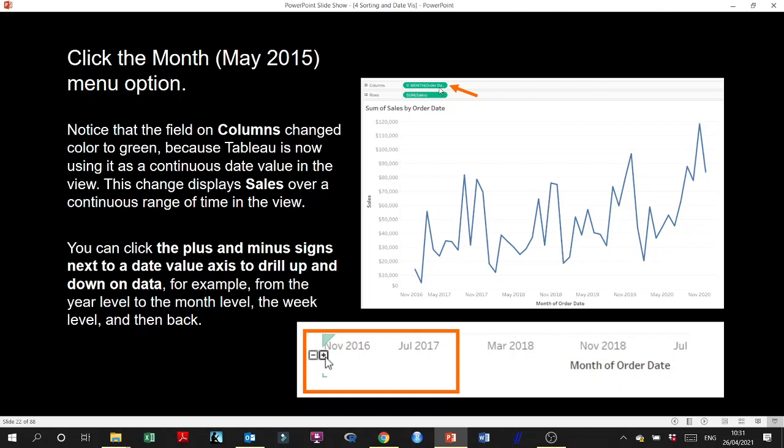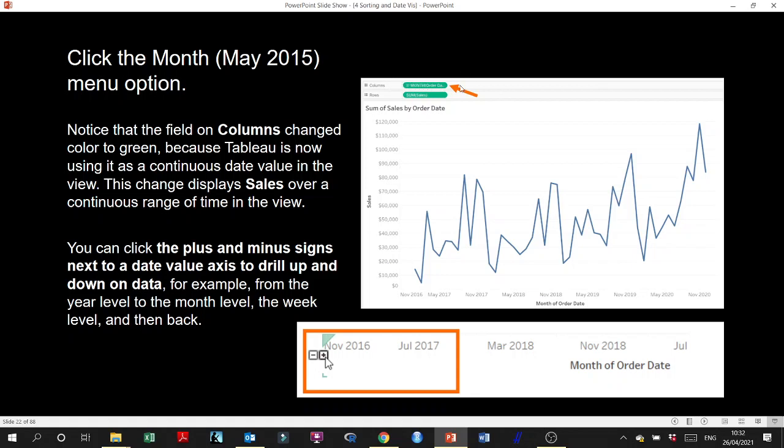When this date field is continuous, in a green capsule, as you can see here, and it has a plus and minus to drill up and down, does it reproduce other capsules along the columns shelf? So if you drill down in the date field and you click these pluses and minuses, does it create a copy of the level of detail? What does it do?